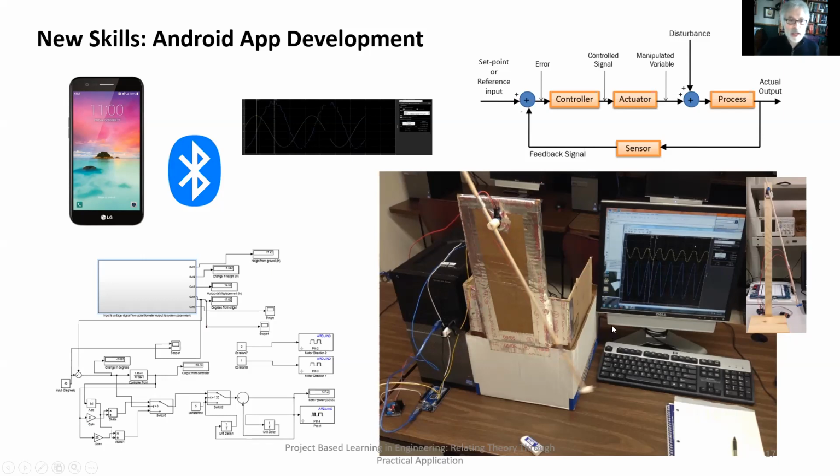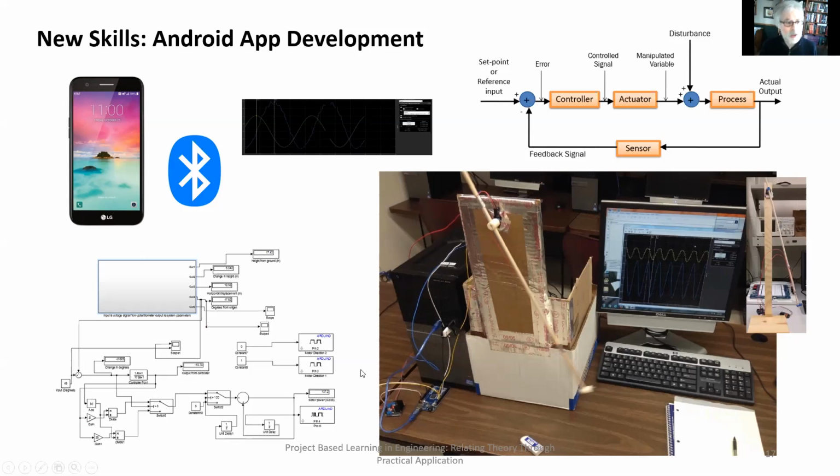But you have options now to bring other things into it that are beyond what we cover in the course, but that are of interest to them. For example, in this class, this is a controls class, I teach them how to write simple apps on Android-based phones. And then I teach them how to communicate over Bluetooth to this microcontroller.